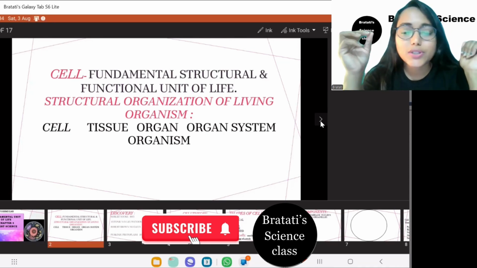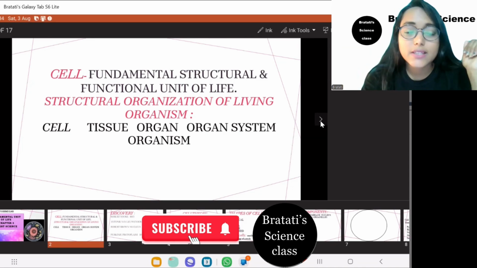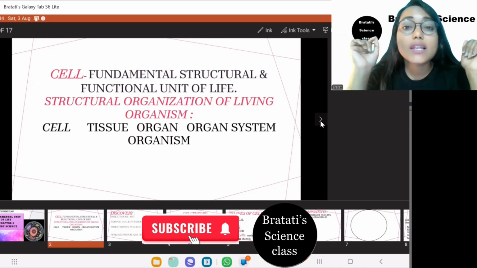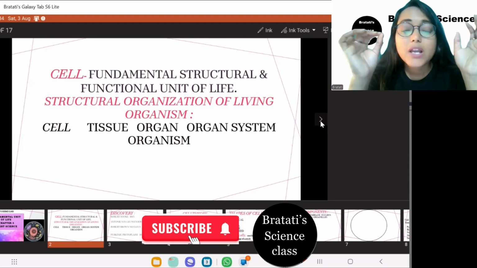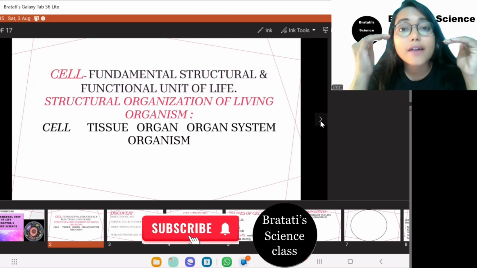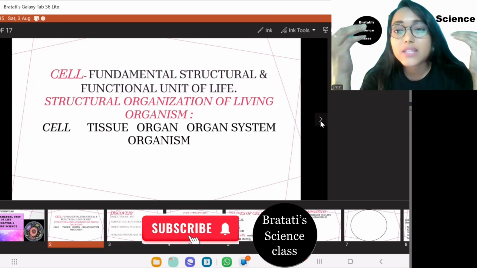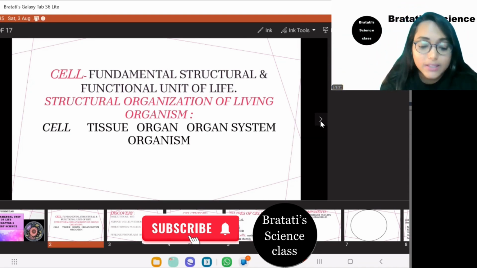Structural organization of the living organism. Repeated, it's living organisms. Okay. As I said, compare the cell with the brick. Many cells have to be together with the help of cement and all to make one tissue. Right. So many cells are put together to build one tissue.